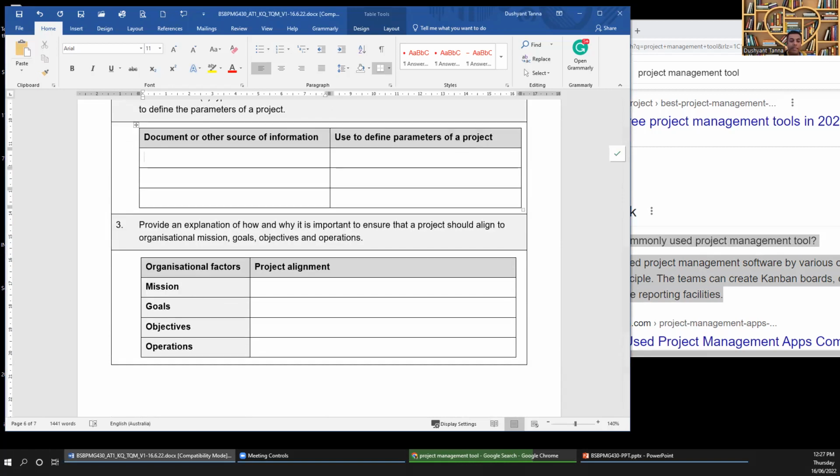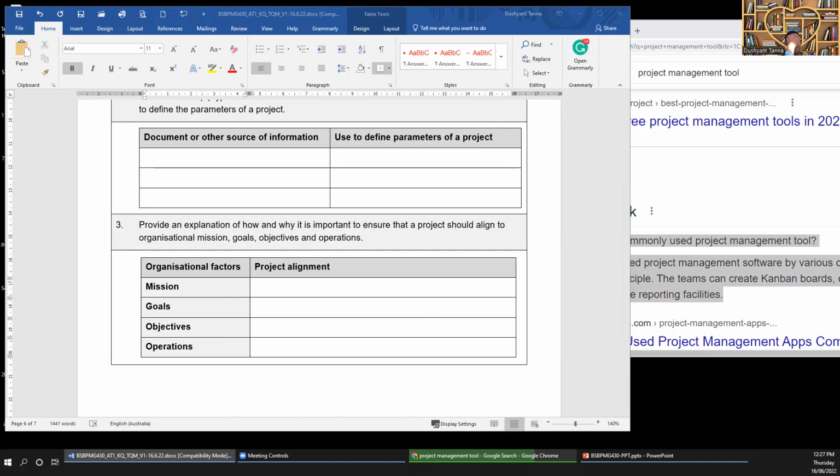Third, how does this project align to organization factors of mission, goals, objective, and operation? Ultimately, whatever you do for an organization should support its mission, goals, objective, and operation. It should not be a hindrance to that. Example, I'll again quote the same thing.